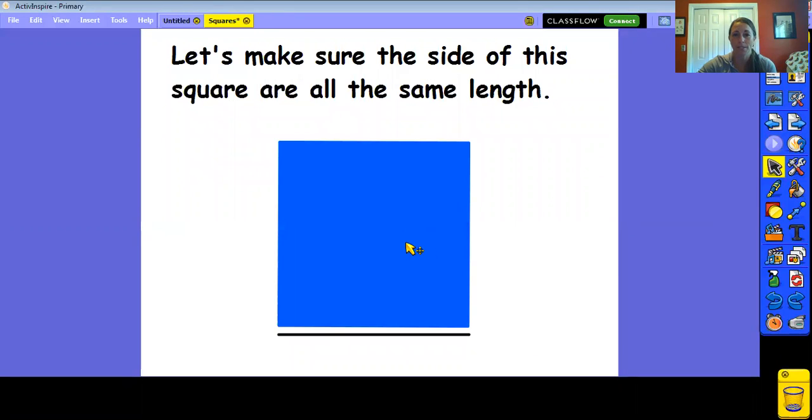Let's make sure that the sides of this square are all the same because that is really, really important. If these sides are different, then it's not a square anymore. So I've drawn a line here at the bottom, and what I'm going to do is turn this square all around, and we're going to see if all the sides of this square are the same as this black line on the bottom. Ready?